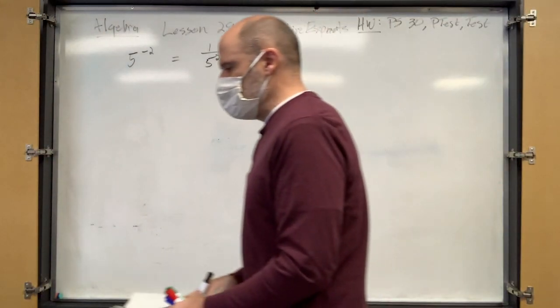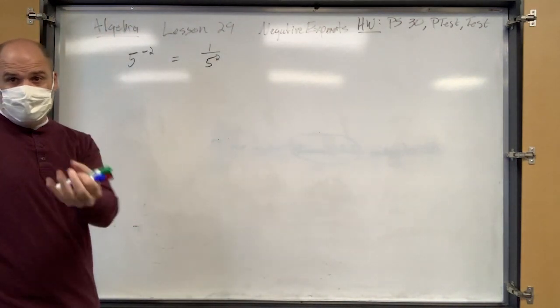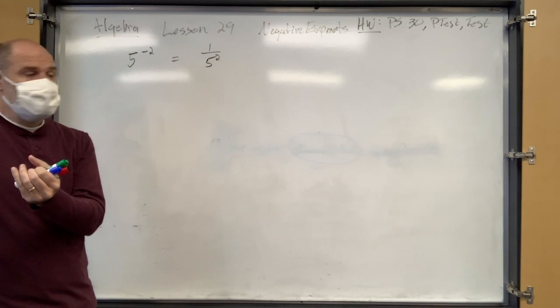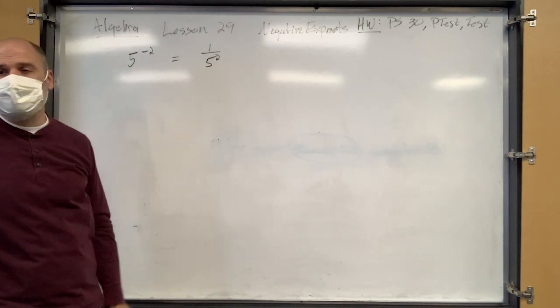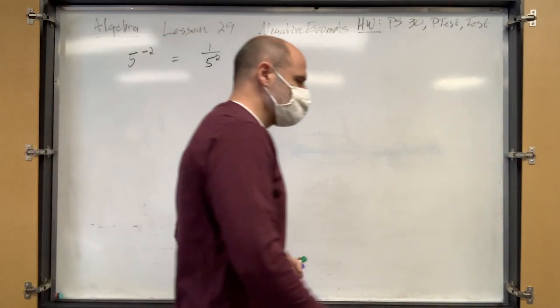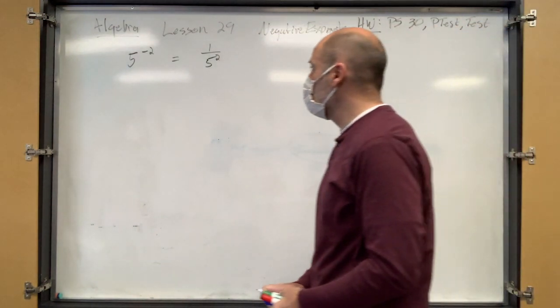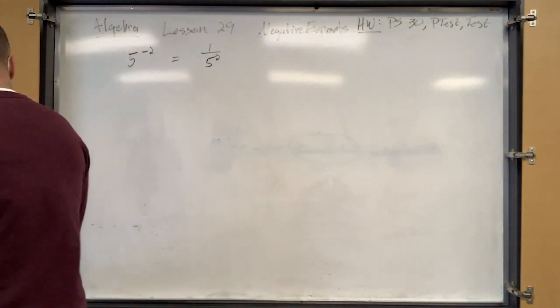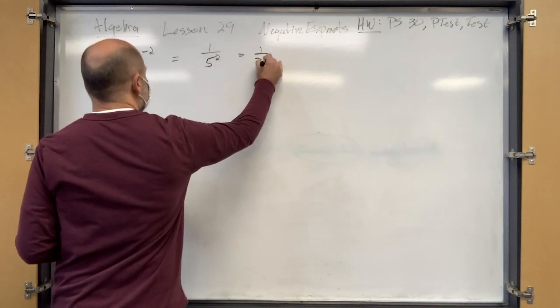The easier way to think about it is when you see a negative exponent, you flip it. When you flip it, the base goes on the bottom and the exponent becomes positive. So that's what the negative sign means. It has nothing to do with whether it's positive or negative. So 5 to the negative 2 power is 1/25.